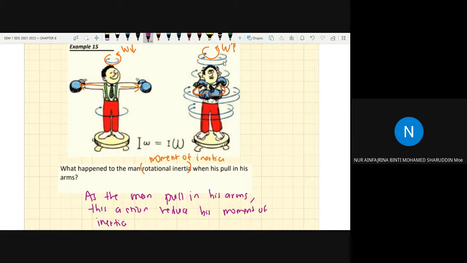Okay, so you kena perasan tau. Bila dia dah pull in his arm, dia akan kurangkan moment of inertia dia. Tetapi dia punya angular velocity akan tinggi. Okay, you kena faham benda tu.